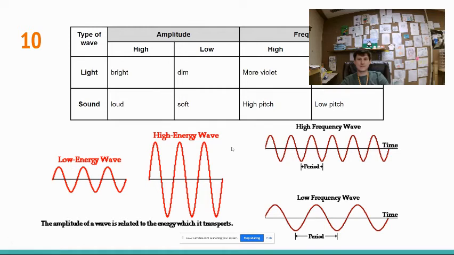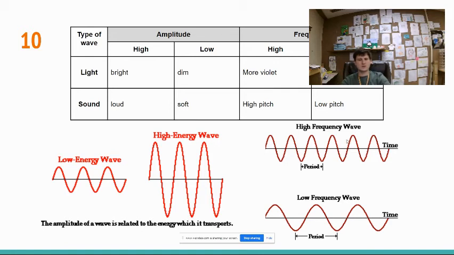With that being said, frequency is related to the pitch of the things that you hear. A high frequency sound wave is going to be a high pitch, whereas a low frequency sound wave is going to be a low pitch. So by altering these properties of a wave, you can change the things that you see as well as the things that you hear.